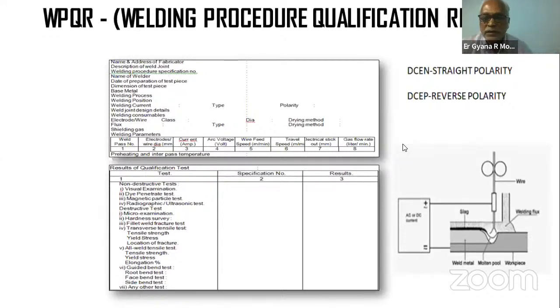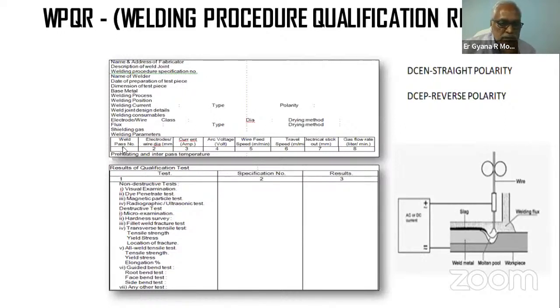But in TIG welding, which is mostly used for stainless steel, the electrode is connected to the negative, because we want the maximum heat to go to the wire. But in this case, because the thickness of the plate is more, we want the maximum energy concentrated at the plate material itself, so that the right kind of fusion takes place. So polarity is equally vital as our other welding parameters of current and voltage.